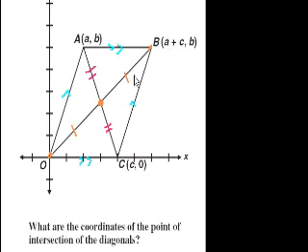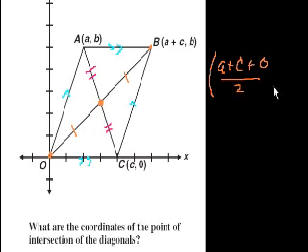So if I were to average the x's, the x coordinate here is going to be the x coordinate of point B, which is A plus C, plus the x coordinate of the origin, which is 0, over 2, because I had 2 points that I'm averaging. So that's going to be the x coordinate. And then the y coordinate is going to be the y coordinate of B, that's B, plus the y coordinate of the origin.